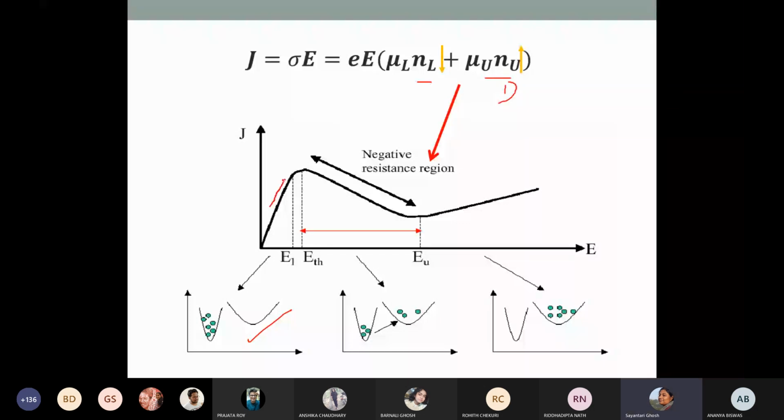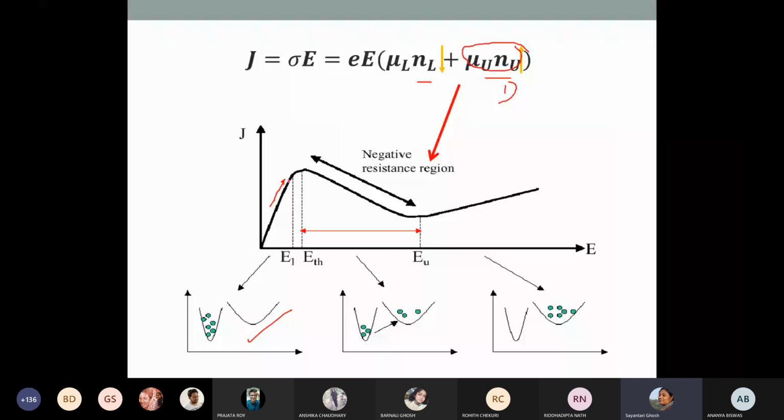In this segment, the second term was absent because none of the electrons were in the upper valley at that time. Only the number of electrons in the lower valley was increasing, so you are getting a steady increase in the graph, right? So J equals sigma E was increasing like this.